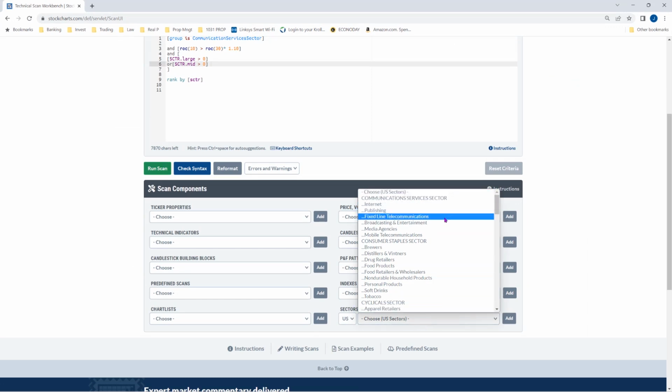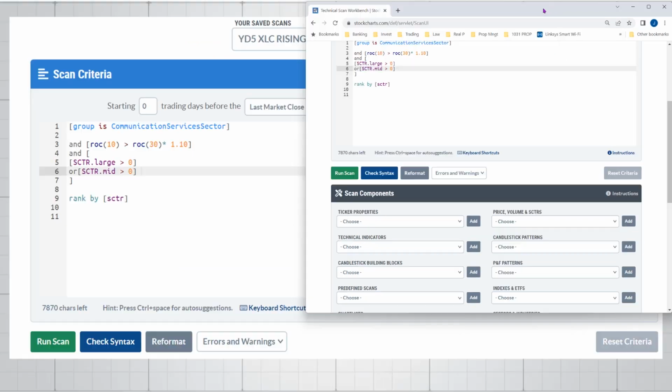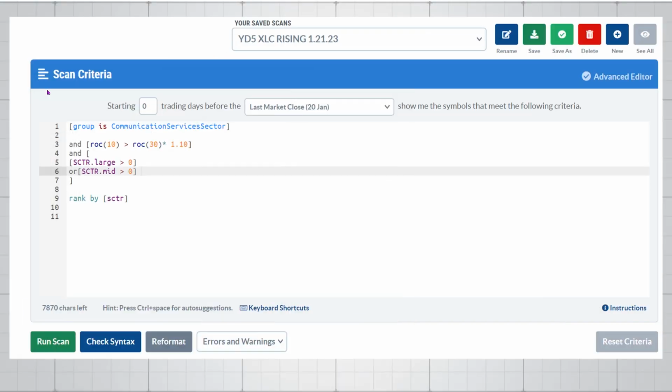You could break down which subsectors or industry groups you want to see within that, and using the OR syntax, a little illustration of which is there, you can actually focus in on more than one group sector at the same time. You could do XLK, XLC, XLRE all at the same time. Very, very powerful tools that are afforded to the scanner in StockCharts.